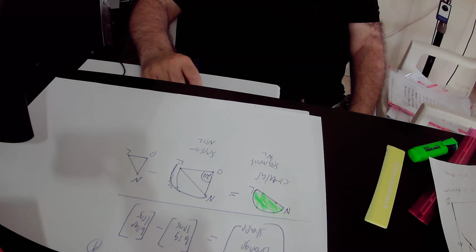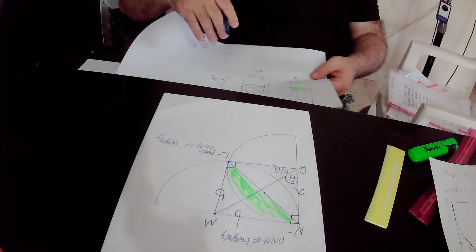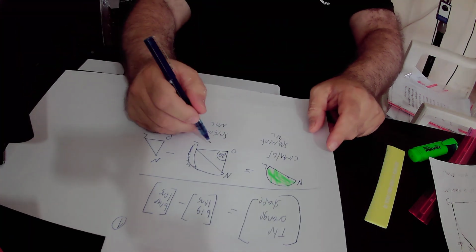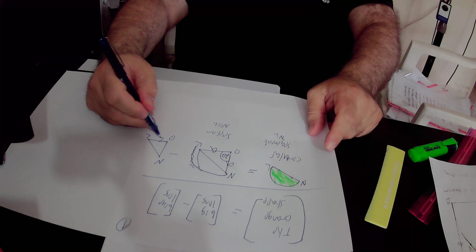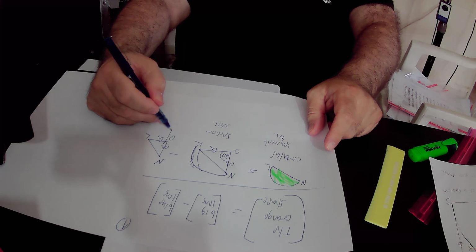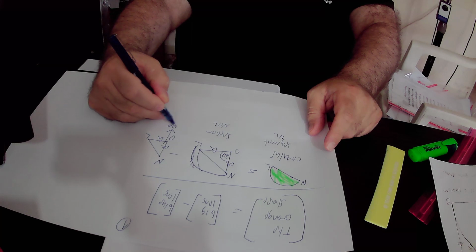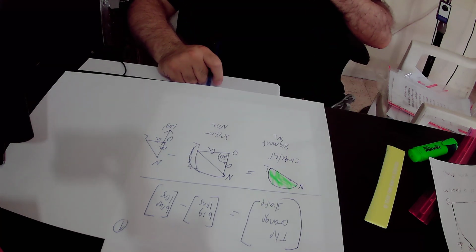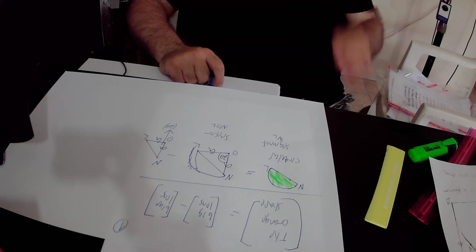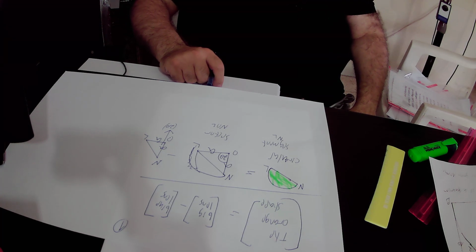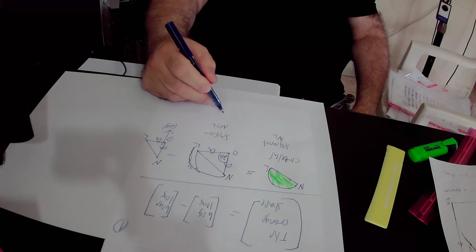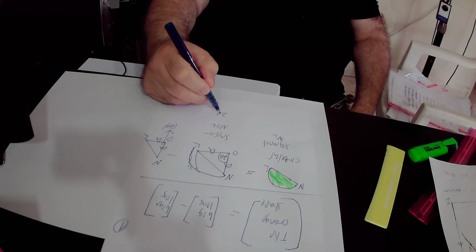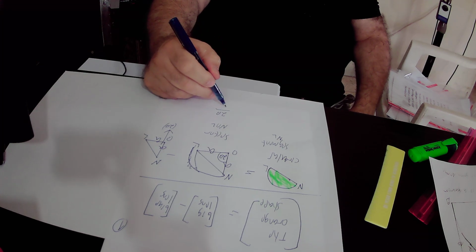So now we can calculate. Here we know that OL equals A and OM equals A. So the area of sector NOL equals the ratio between the angle that is between its legs, that is 2 theta, over 2 pi.